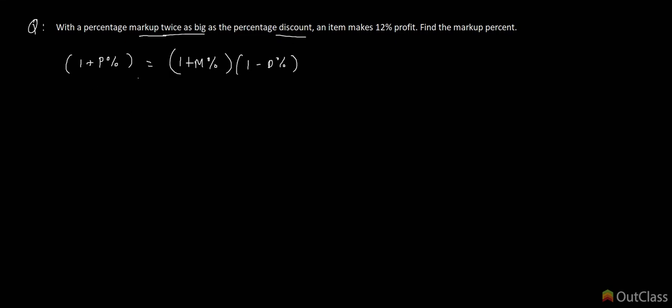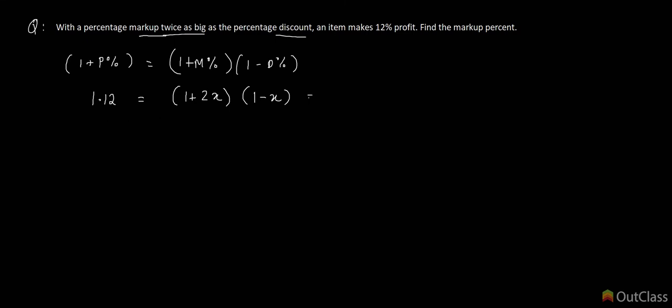We know the profit is 12%, so this will become 1.12, and the markup is twice as big as the percentage discount. So I'm going to assume the percentage discount is x. So this is 1 minus x, and this would be 1 plus 2x. This is a quadratic, it can be solved.